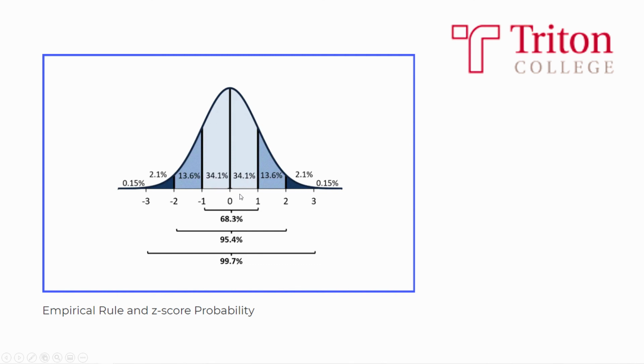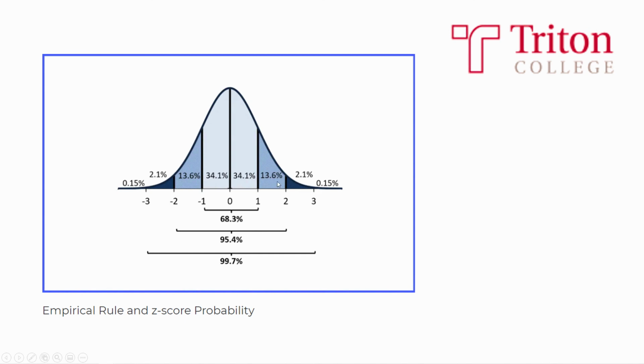34.1%. Remember, this is just divided by 2. So 68.3 is between one standard deviation. These percentages just divide that by 2 and say 34% will be one standard deviation below the mean, and 34% will be above.